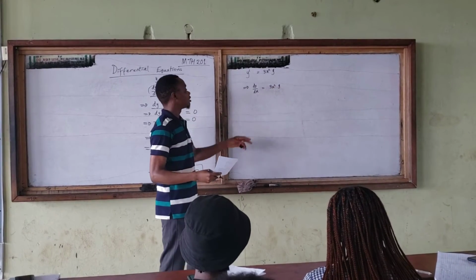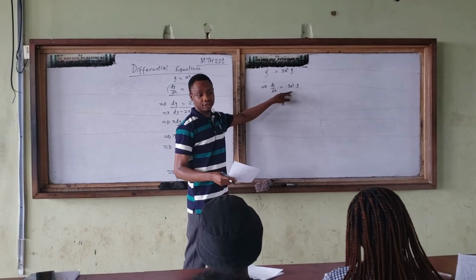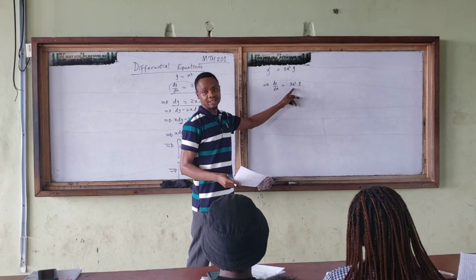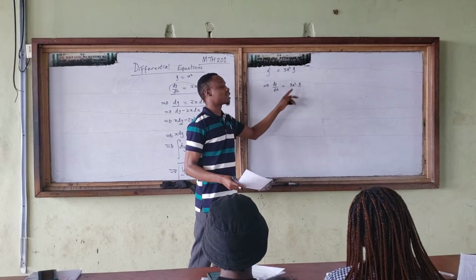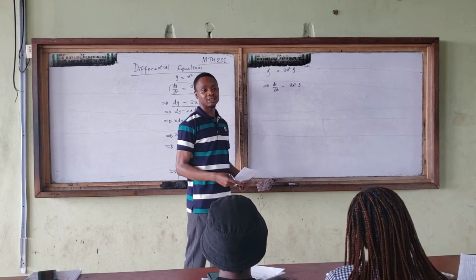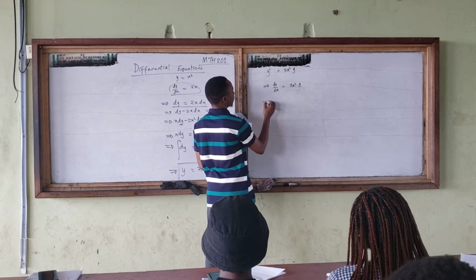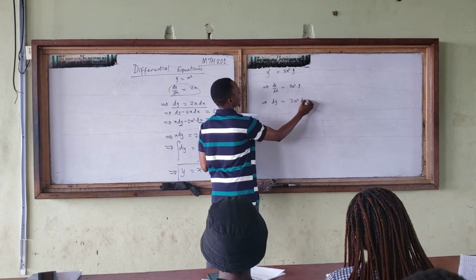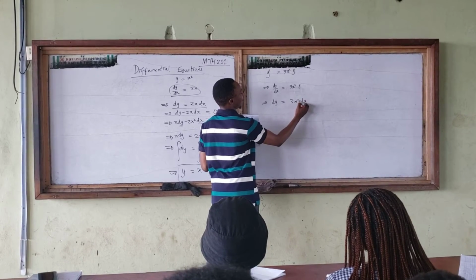It's obvious that you can separate out the variables. Does it make sense to you? You can have those carrying only x separated from those carrying only y. Does it make sense? Okay, so at the end of the day, when I cross multiply this, I'm going to have dy equal to 3x squared y dx, happy? Yes.